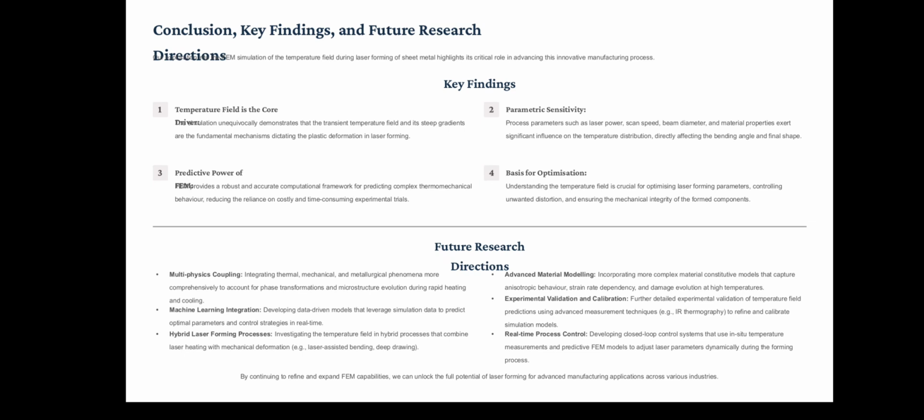Hybrid laser forming processes: investigating the temperature field in hybrid processes that combine laser heating with mechanical deformation. Advanced material modeling: incorporating more complex material constitutive models that capture anisotropic behavior, strain rate dependency, and damage evolution at high temperatures.